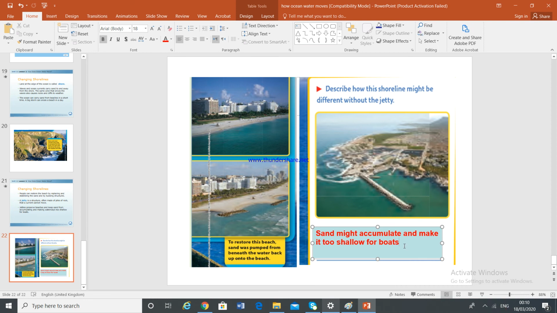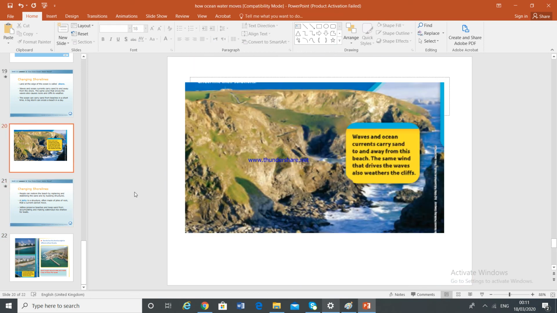So this is what we have learned in this lesson. Once again, let us start with waves, surface waves. Next is what? Current. Next is rip current. And there's one thing I can't recollect.